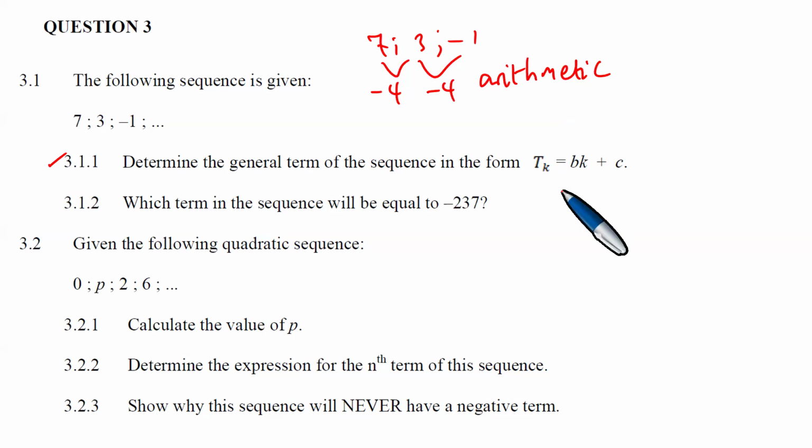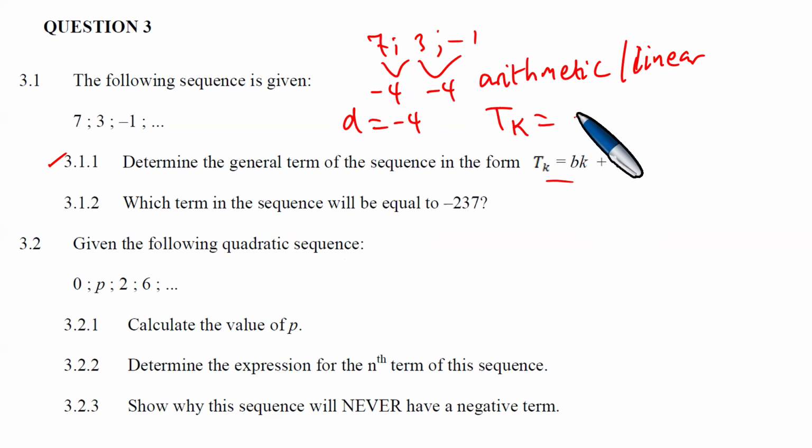If it's arithmetic or linear, what do we do? Then we calculate the general formula in terms of k. You're going to use Tk equals a plus k minus 1 times the common difference.